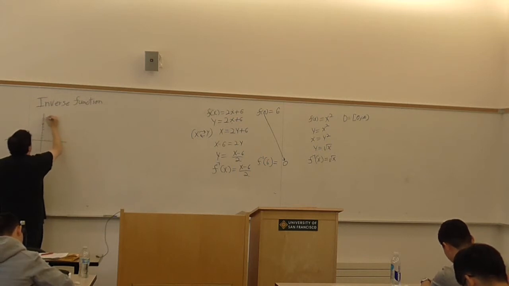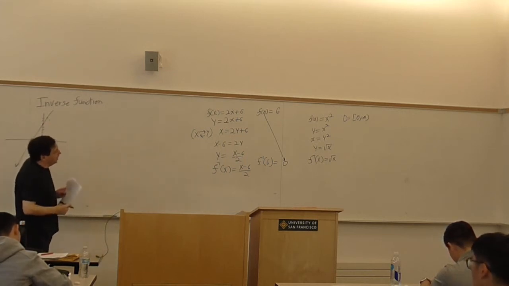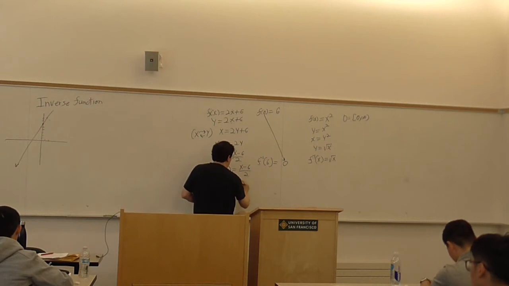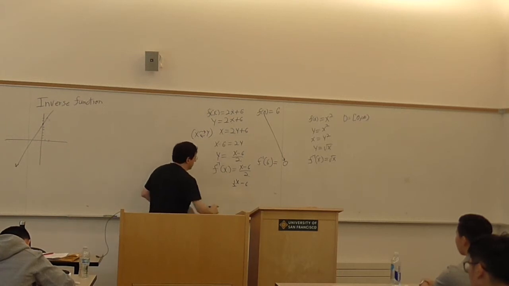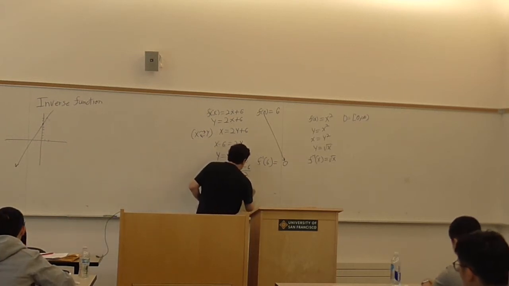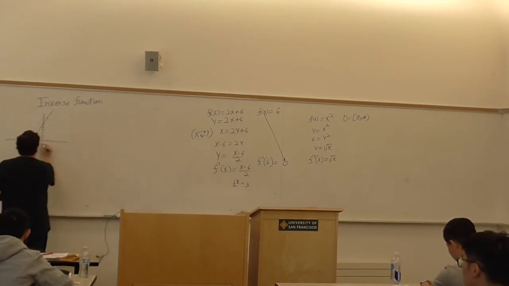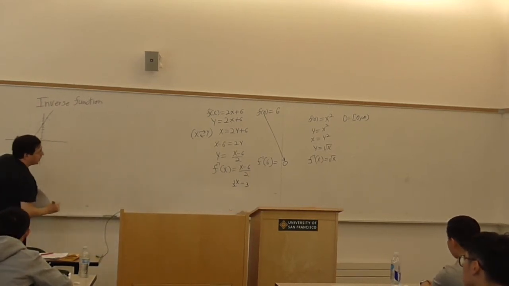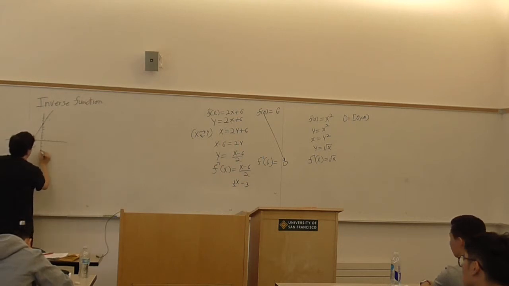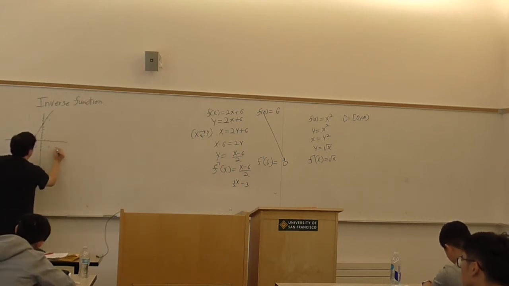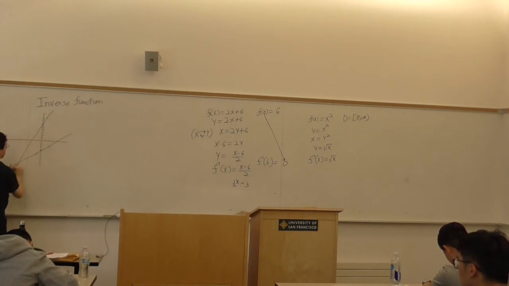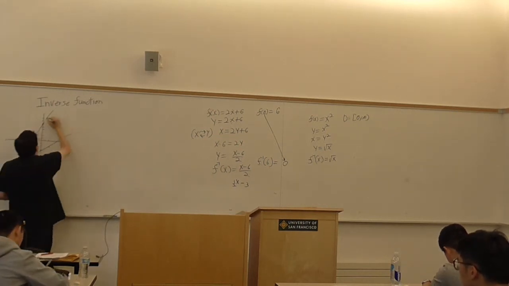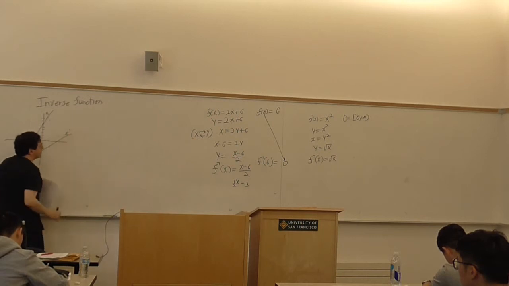Oh, so that's going to be up here like this. And I have to put this into slope-intercept form: 1/2 x minus 6. Oh, no, not minus 6, minus 3. 1, 2, 3, and that has a slope 1/2, so that's down here. All right, that's my f and my f inverse.